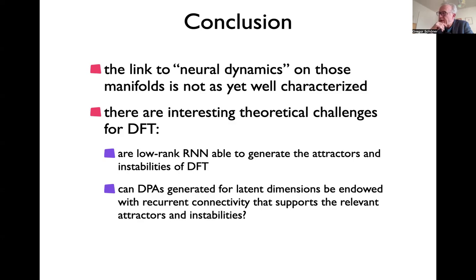So how these low rank RNNs would do something like detection and instabilities and so on, and how DPAs, if they were generated from more complex tuning curves, which we could only establish numerically, how that is then connected to all kinds of interactions. That is maybe the interesting challenge for DFT that we might want to come back to.